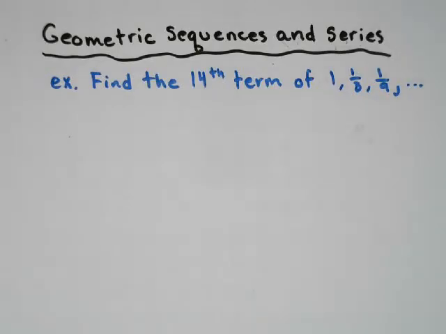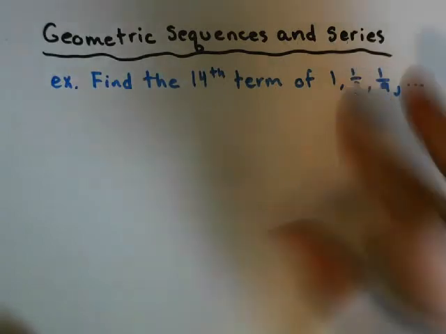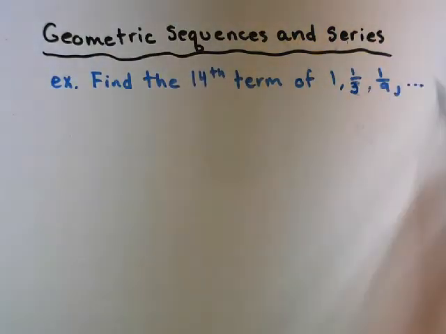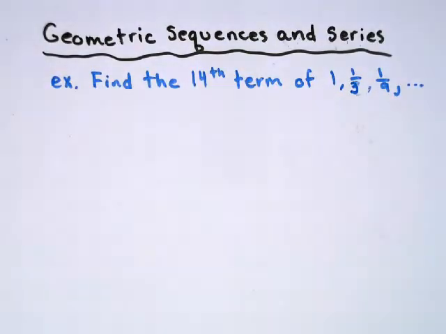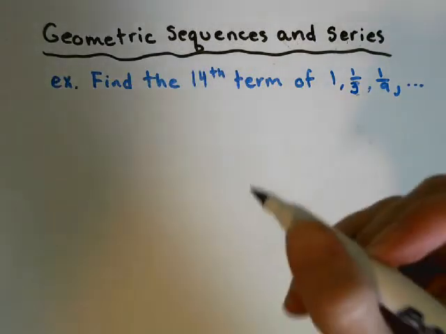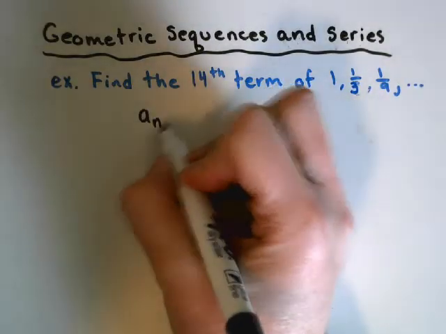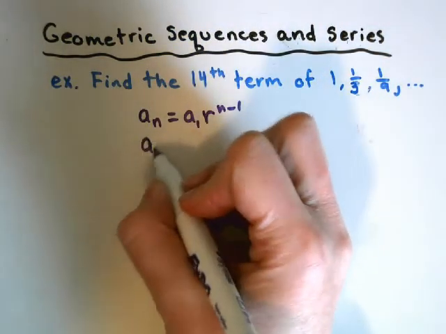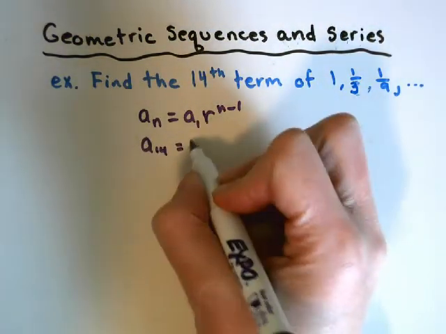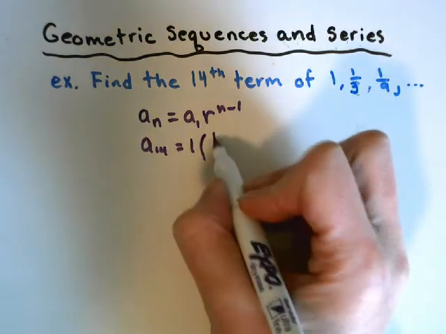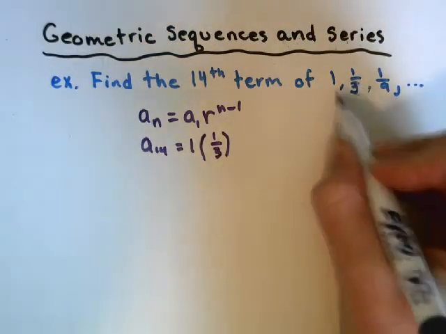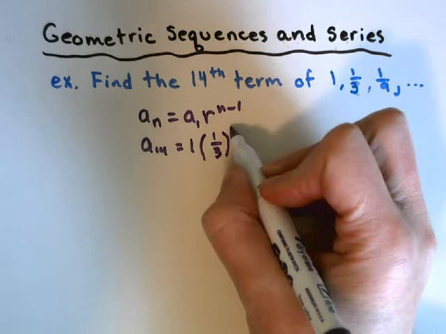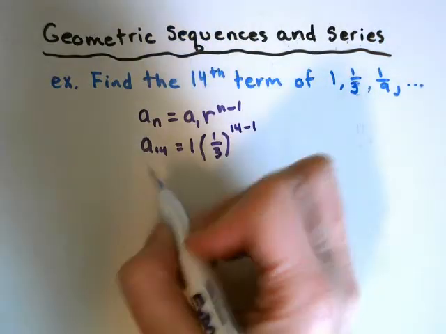Okay, so find the 14th term of this one. That's kind of messy. It's just 1, 1/3, 1/9, and so on. So using my nth term formula, which is a_n equals a1 r to the n minus 1, a14 is going to equal 1 times our common ratio, which in this case is 1/3, because that's what we're multiplying, to the 14 minus 1.